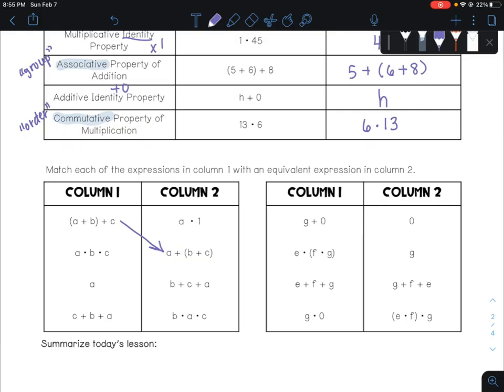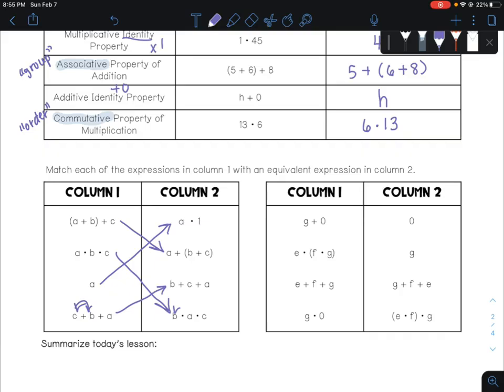And we've got A times B times C. And then I see down here at the bottom, if we switch A and B, well, those are still equivalent. A is the same as A times 1. And then finally, C plus B plus A is the same as if you switch that C and that B to get B plus C plus A.